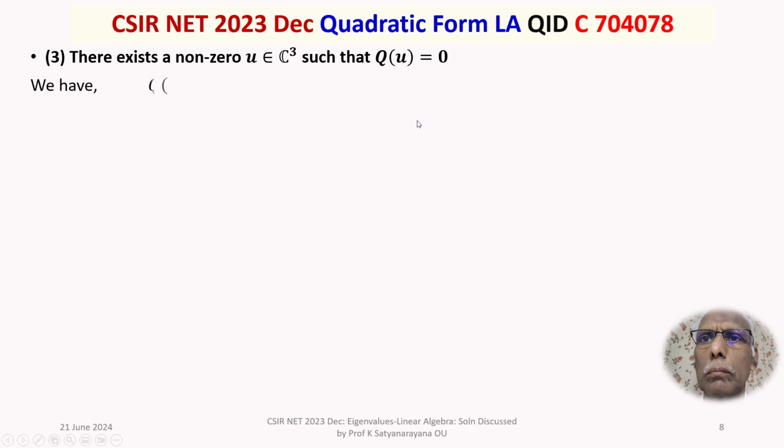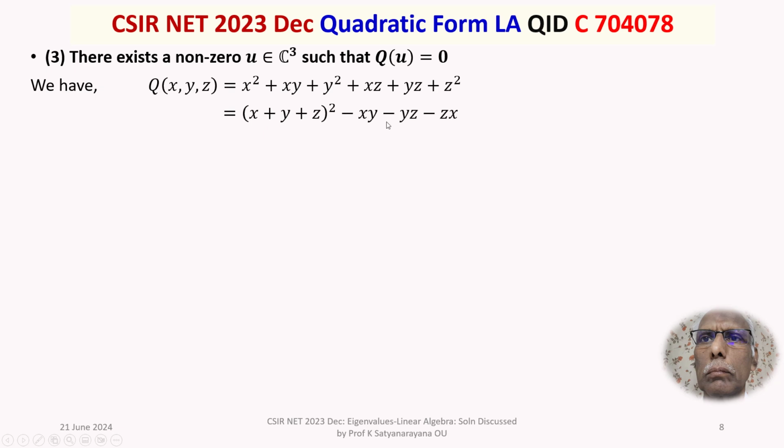Let's now take Q of the triad x, y, z, which is equal to x plus y plus z whole square minus xy minus yz minus zx. Now look at that, and can you think of a triad belonging to C cube for which, when you substitute, this is going to be 0? Yes, one can think of that.